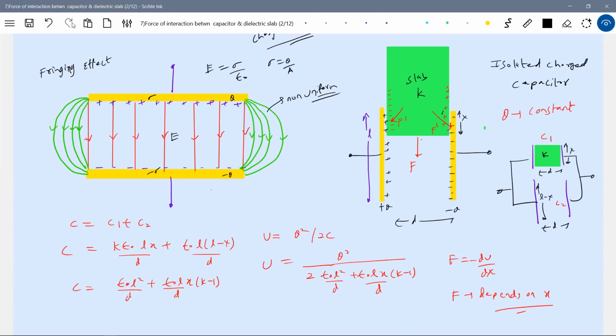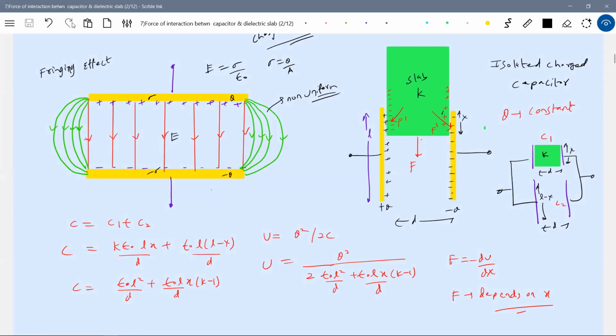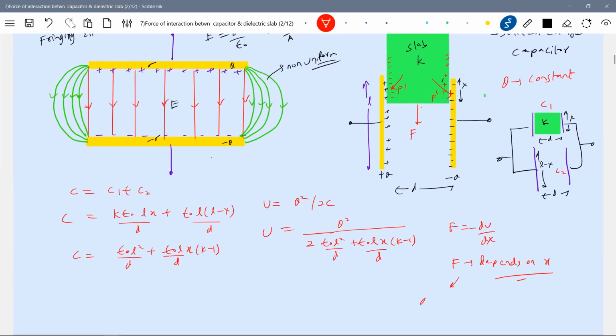Okay, that's about the thing. Okay, let's go for this. If a capacitor is connected to a cell, then if I introduce a slab, what force will it exert? Shall we call this an attractive force or a repulsive force? Attractive force. What type of motion does the slab describe?